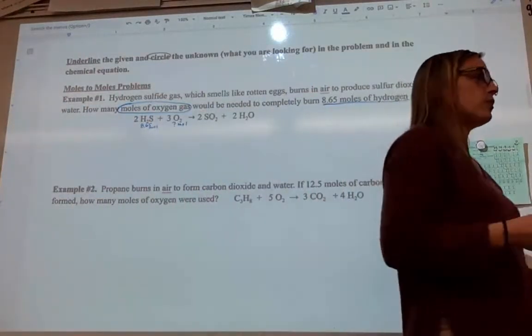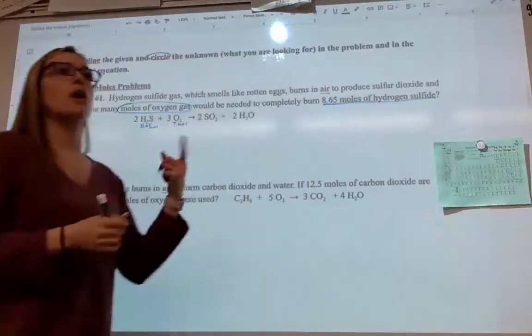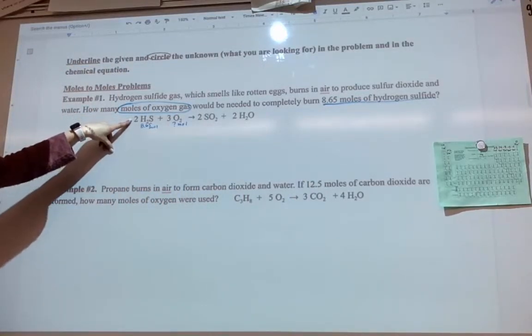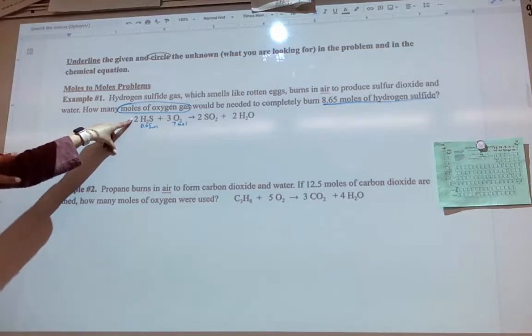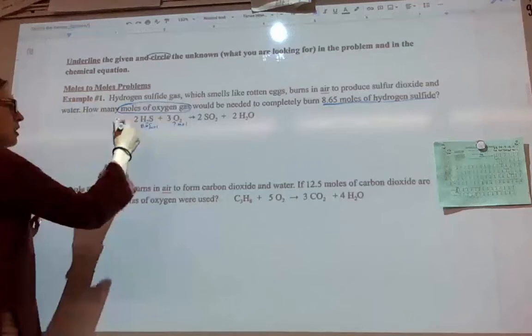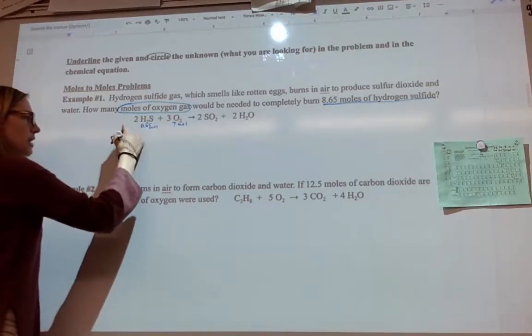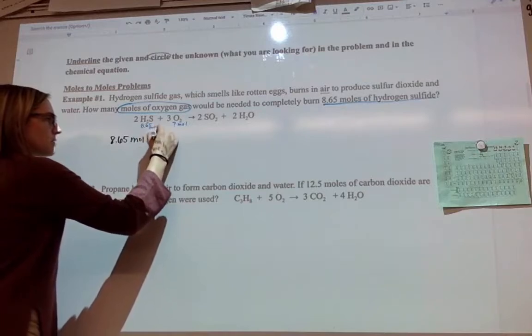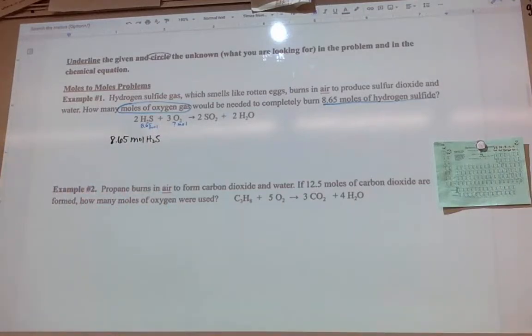Now, as we go through the stoichiometry steps, step 1 was to make sure you have a balanced equation. All right, here it is. Here's our balanced equation. Step 2 is to take your given information. So my given information is 8.65 moles of H2S, hydrogen sulfide.